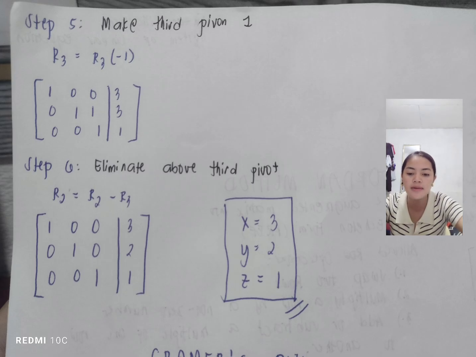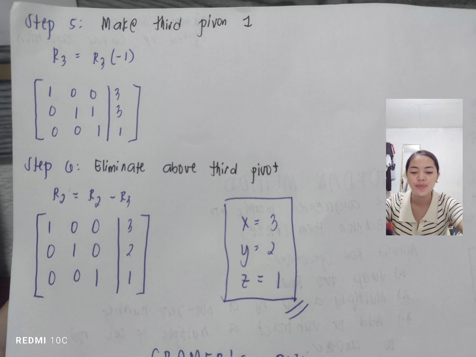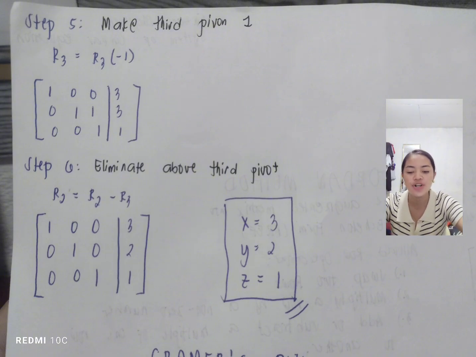That's why for step 6, we need to eliminate above the third pivot. So we need to subtract row 3 from row 2. So row 2 minus row 3 is equal to this. So we have this answer: 1 0 0 3, 0 1 0 2.